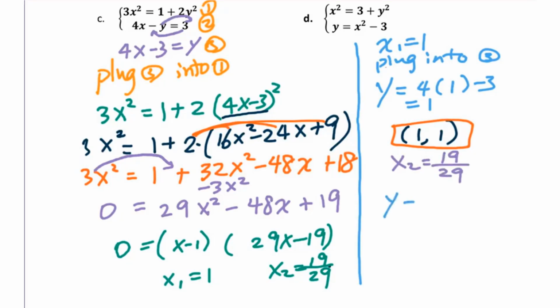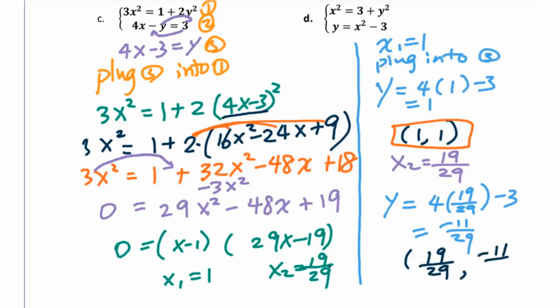You will get y equals 4 times 19 over 29 minus 3. Put into calculator, you will get negative 11 over 29. Therefore, (19 over 29, negative 11 over 29) will be another solution to this system of equations.